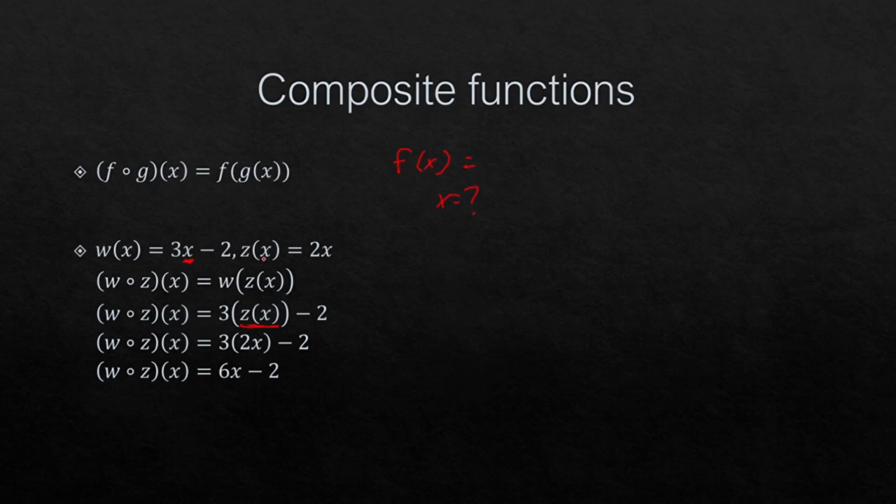So, z of x is equals to 2x. So, ang z of x dito nagiging 2x, so 3 times 2x minus 2. So, w composed of z of x is equals to 6x minus 2. Gets? Kailangan nyo muna mag-practice dito para mas lalong mag-gets nyo. May problems yan sa module nyo.